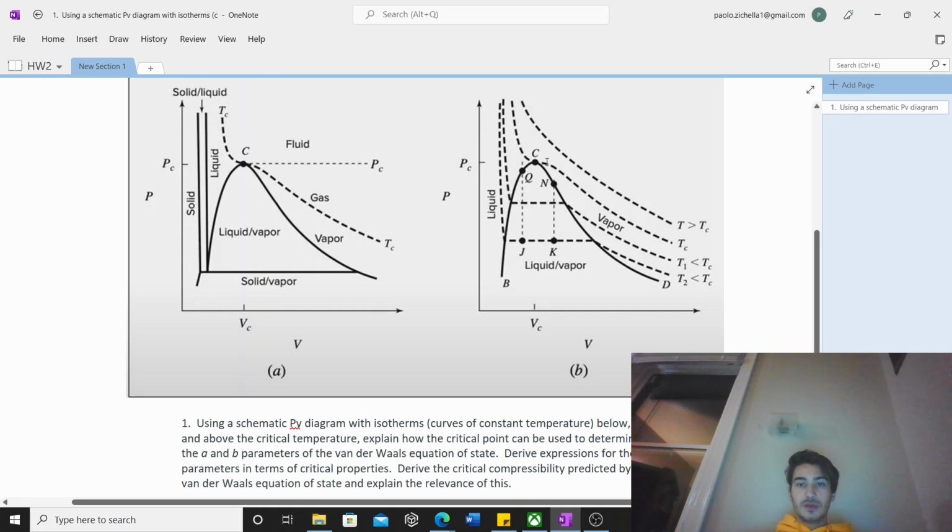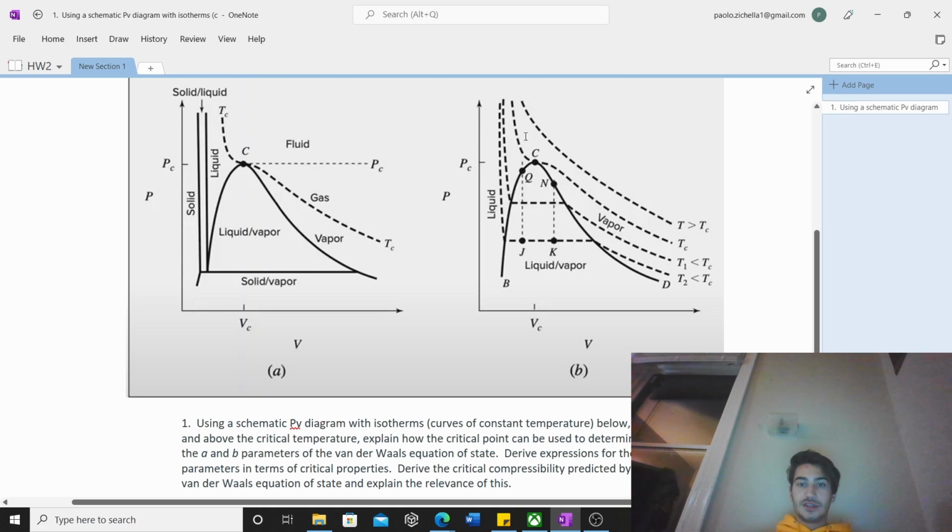If we zoom in and look at the critical point, we see that it is an inflection point, a point where the concavity changes. From the left it goes from concave down to concave up.